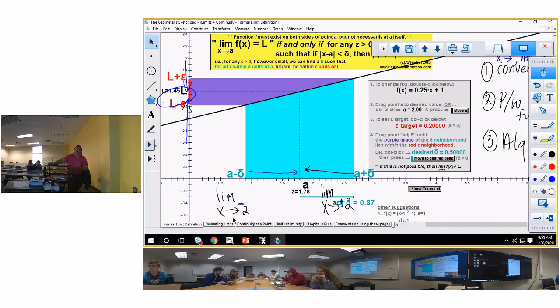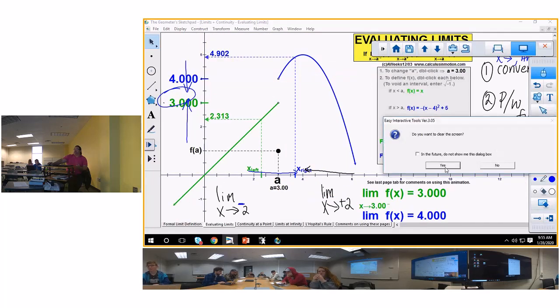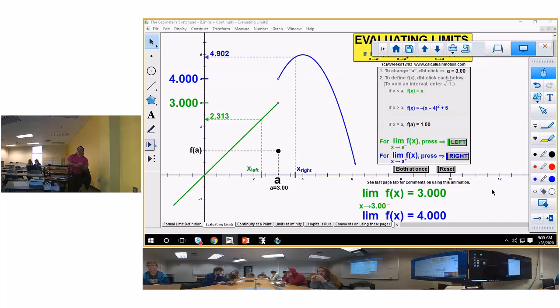Okay, so let's go to another one. All right, you draw this one in your notes. This is a piecewise function. I want you to write, here's f of x is equal to x. Write that down. f of x is equal to negative x plus minus 4, quantity squared plus 5, and f of a is equal to 1.